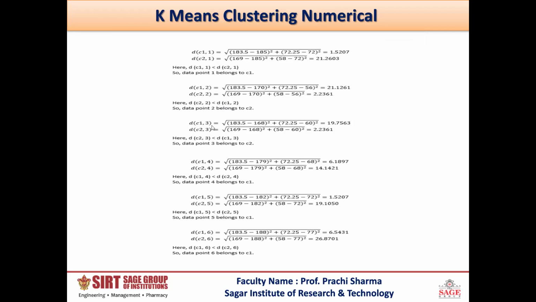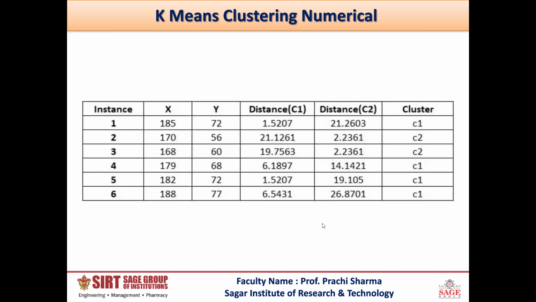In the same way, you can do it for points 3, 4, 5, and 6. After solving all this, we can again put this in a tabular format. As you can see, these are the distances which we have calculated by using the Euclidean formula. Value of C1 is less, therefore it belongs to the C1 cluster. Here 2.2 is less, it means the C2 cluster.